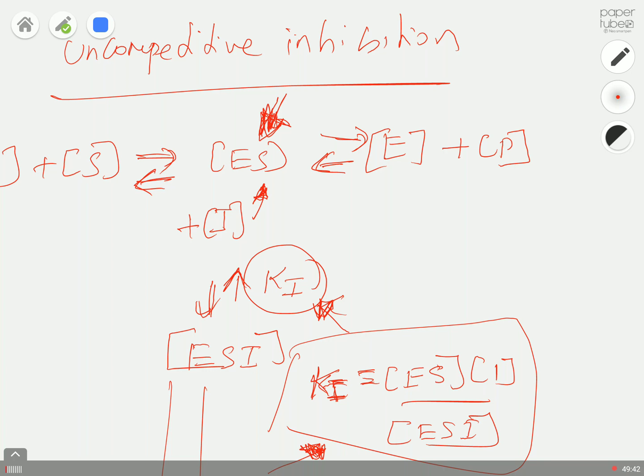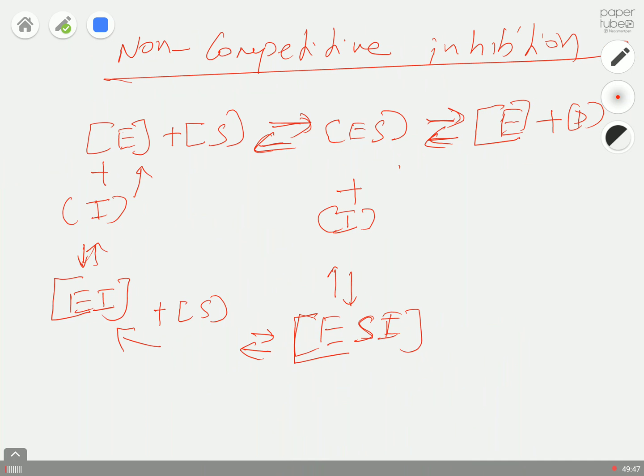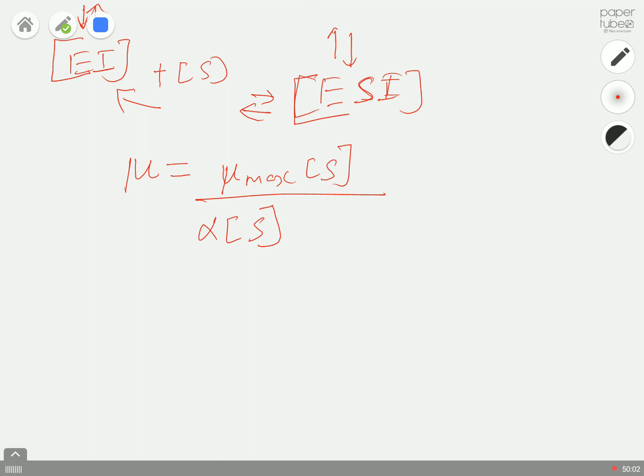So when you're dealing with an inhibitor that can bind both to the enzyme and to the enzyme substrate complex, in that case the initial velocity is given by alpha plus Km. Km is again your Michaelis-Menten constant. Alpha is equal to 1 plus inhibitor concentration divided by Ki.